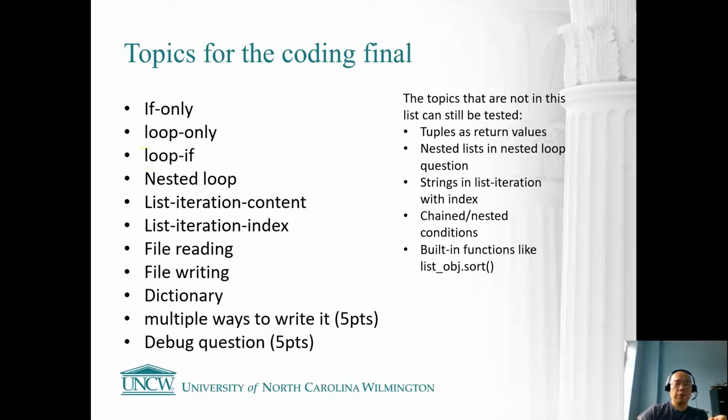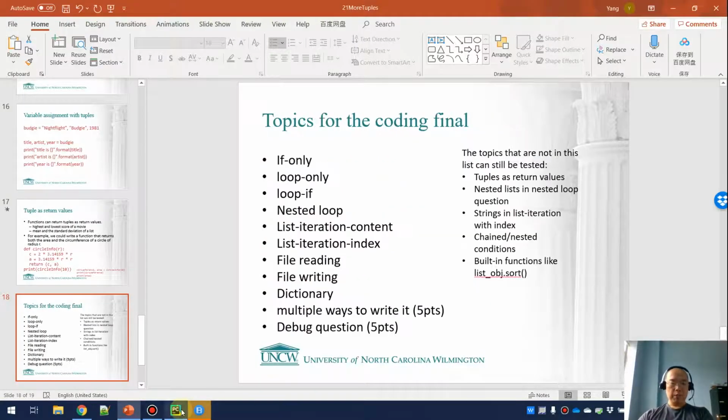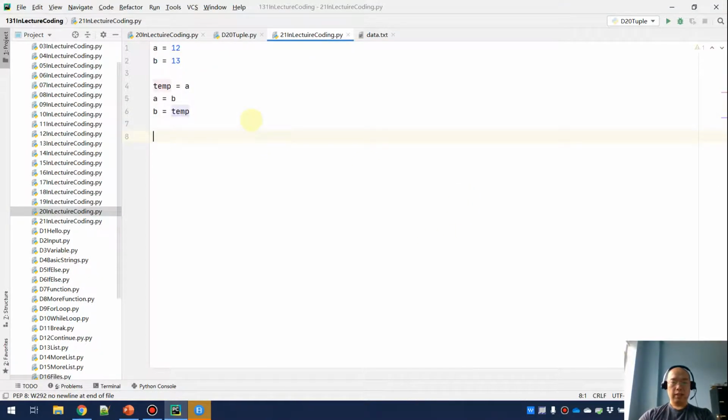And then we have the nested loops, and we have the list iteration with the content and list iteration with the index. So what are the differences? Let me remind you about this part. Say I have my list equals 10, hello, 3.14 and 2.